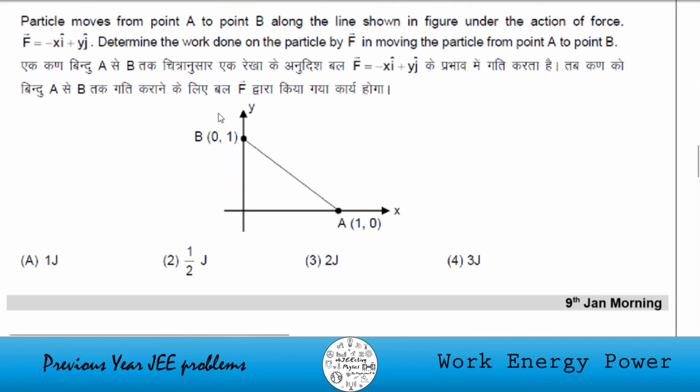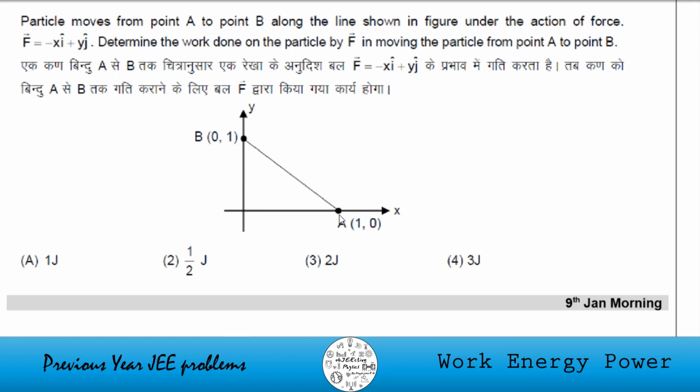Next question number 4. A particle moves from point A to point B along the line shown in the figure under the action of force F bar is equal to minus x i cap plus y j cap. Determine the work done on the particle by F bar in moving the particle from point A to point B. Observe the graph here.